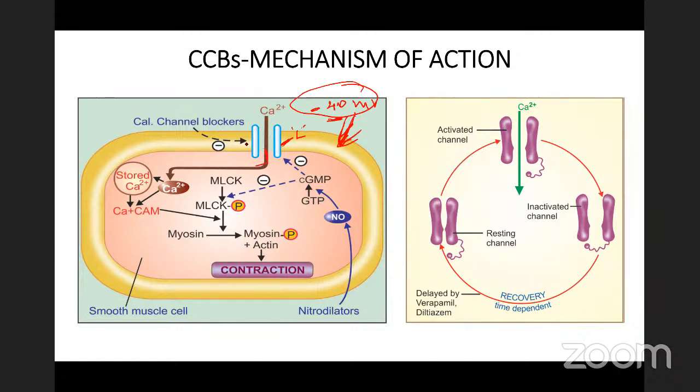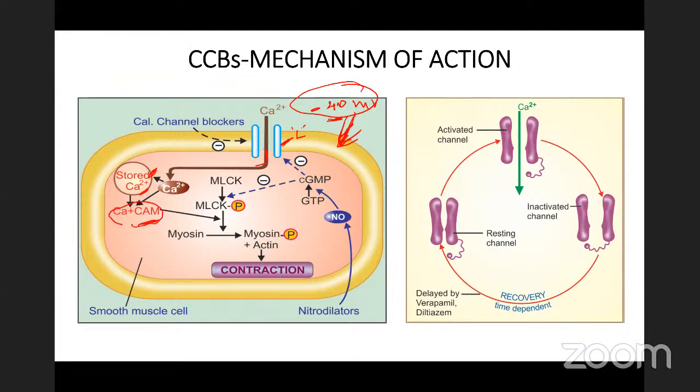This entry of calcium inside the vascular smooth muscle causes the release of calcium which is stored intracellularly, so that the calcium concentration inside the vascular smooth muscle increases, which combines with calmodulin.